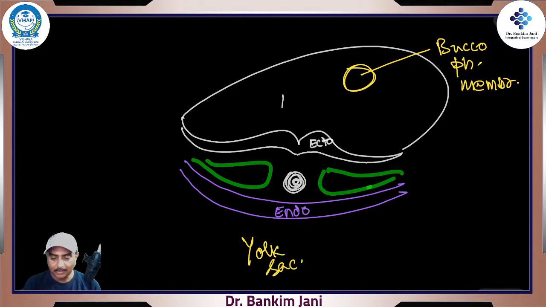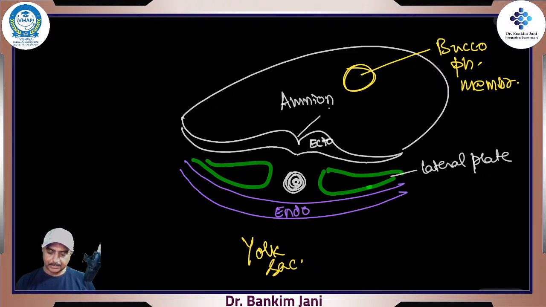And over here, this would be the amnion, or the amniotic cavity. These are the lateral plate, and yes, this was the primitive streak, right? So all done, this was the beginning.